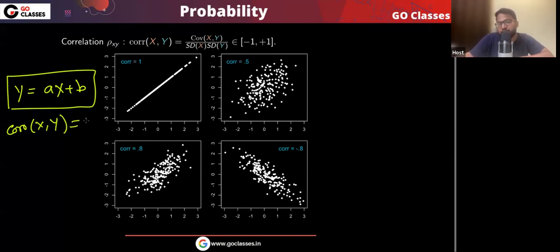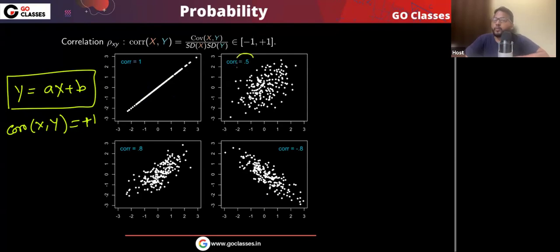It is +1 if the slope is positive, or -1 depending on the slope. So the maximum value could be +1, the minimum value could be -1.